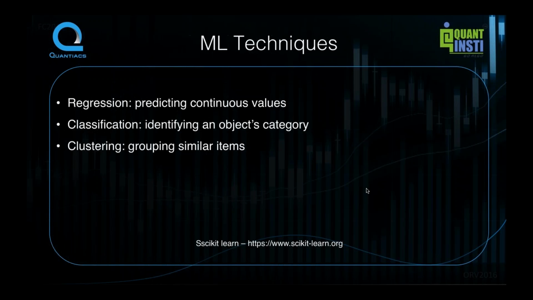So, a few machine learning techniques. If you're using regression, typically you are trying to come up with a way of predicting continuous values. You could consider this to be an advanced way of doing curve fitting. Classification is similar, where you are taking discrete entities and trying to categorize them.